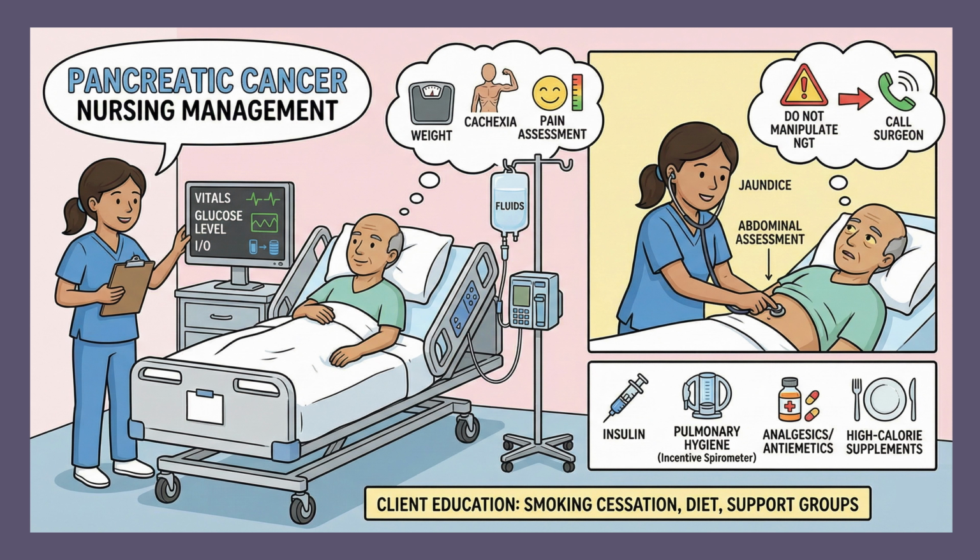Pain assessment focuses on its location, intensity, duration, and radiation. Abdominal assessment includes monitoring for distension and enlargement. Skin and scleral color are observed for jaundice, and pruritus is assessed.